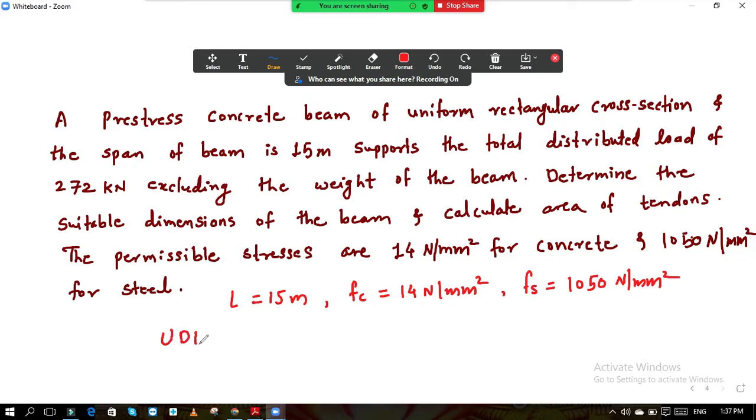UDL, uniformly distributed load, is equal to, so point load is 272 kilonewton, divided by our span 15 meter, so you will get the value in kilonewton per meter. It is 18.13 kilonewton per meter. Okay, this is the UDL.